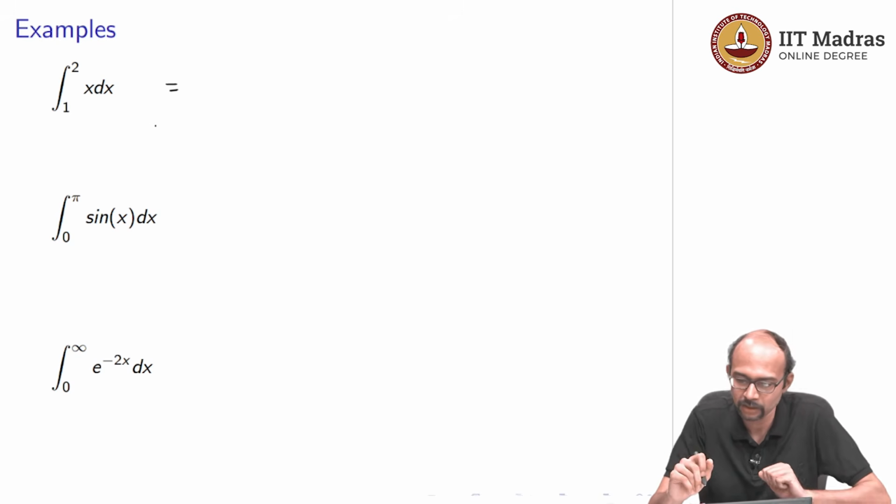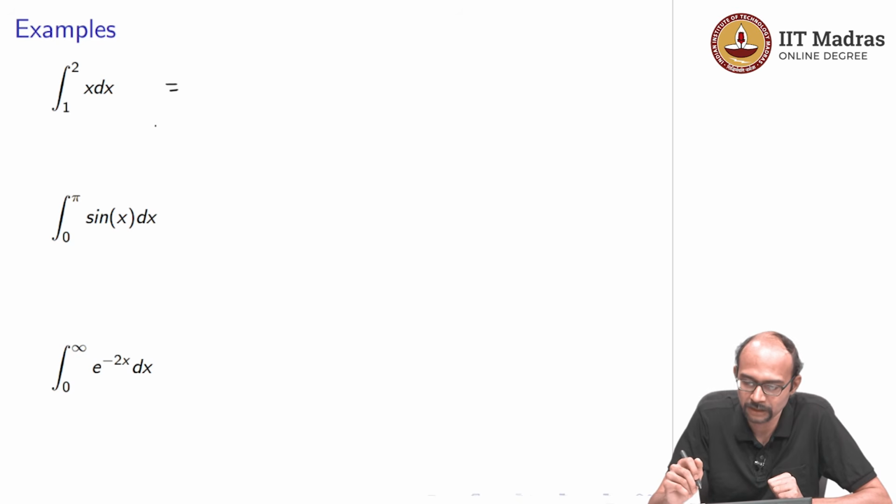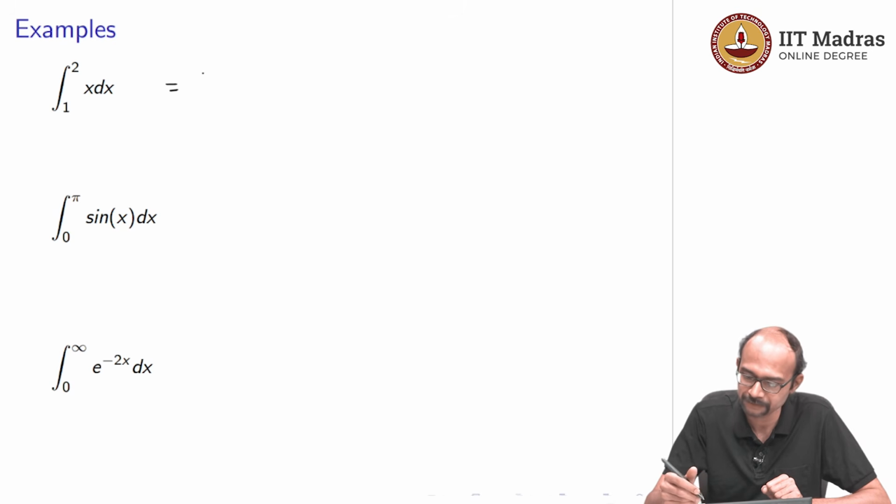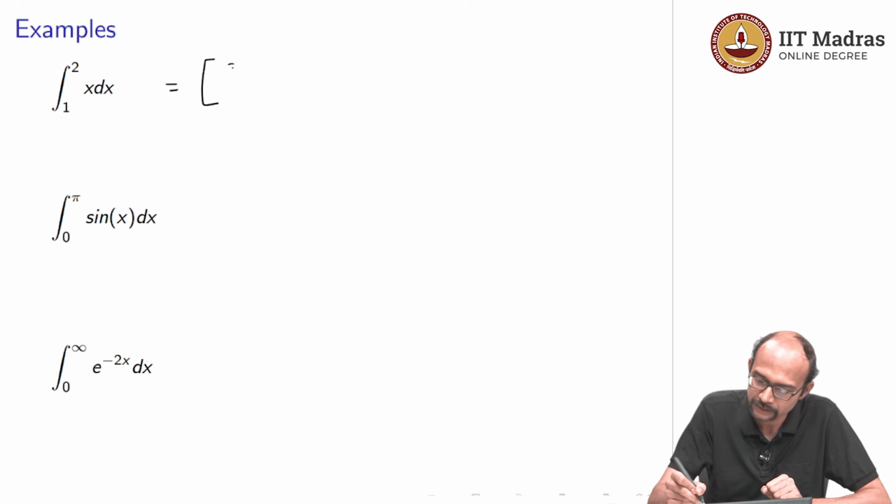So, here is the integral of x dx from 1 to 2. So, let us apply the fundamental theorem of calculus. What I have to do is find the indefinite integral, evaluate it at 2, then find the indefinite integral, evaluate it at 1, and subtract that out, right. So, the way we do this is how it is written.